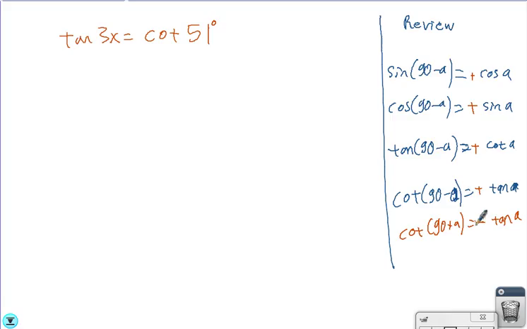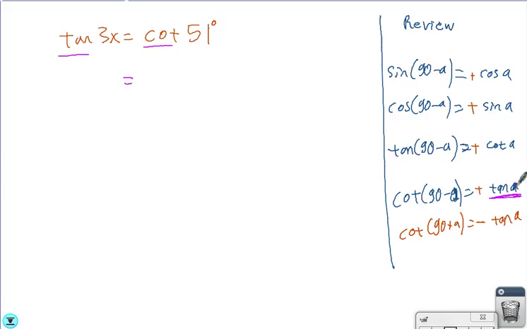So now, let's come in here. Look at that. In this question, the problem is the trigonometric ratios are different. So then, we must change one of them. So make them same. Instead of cotangent 50, I need tangent 51.